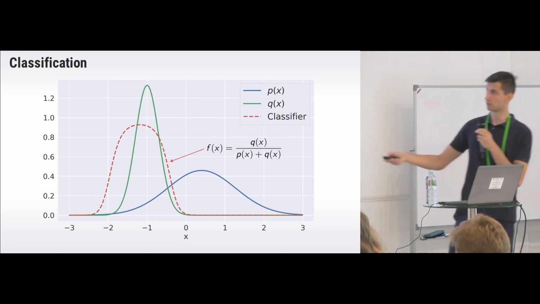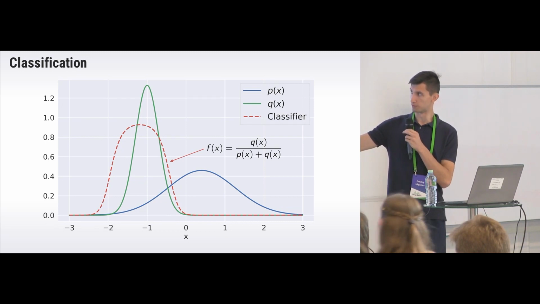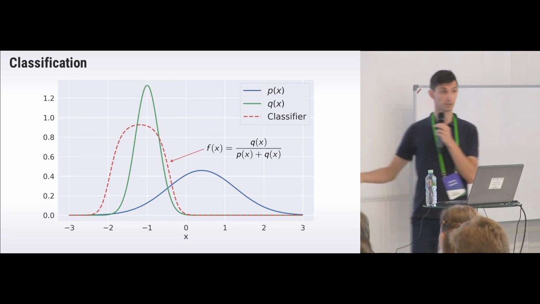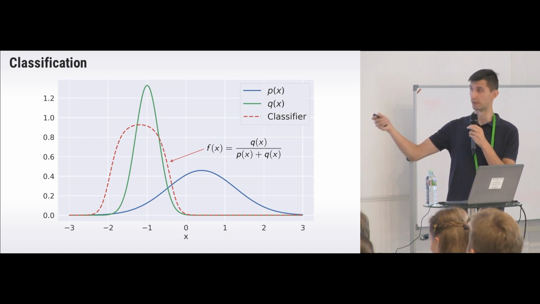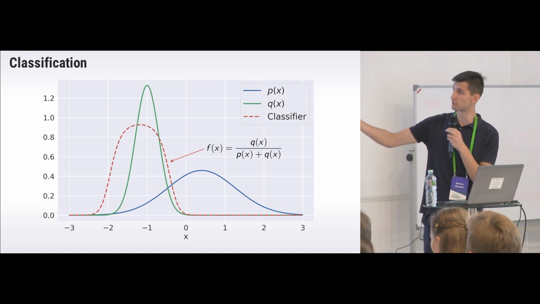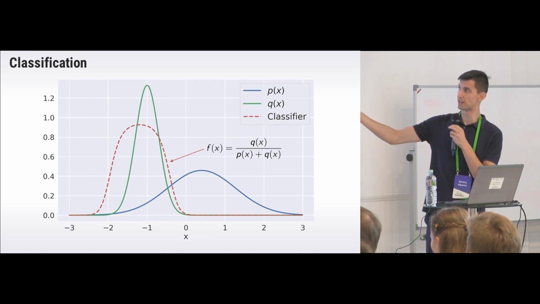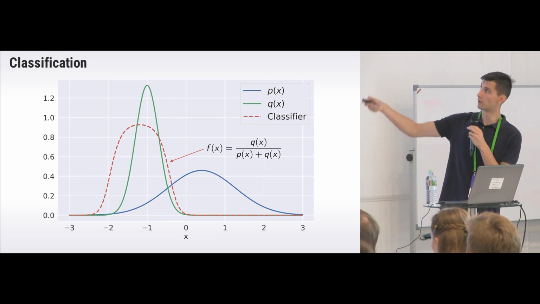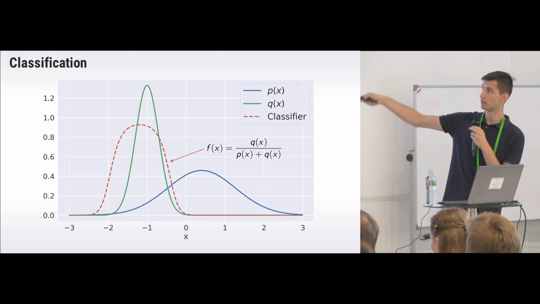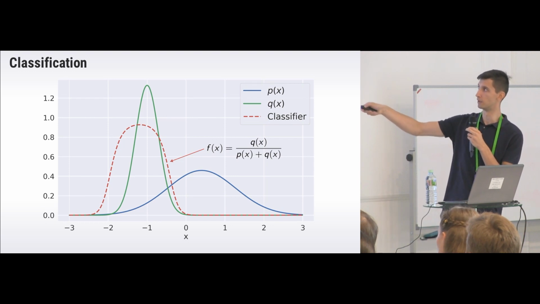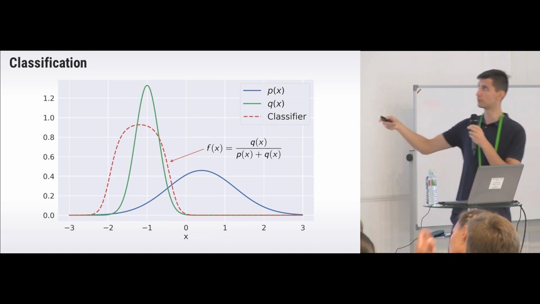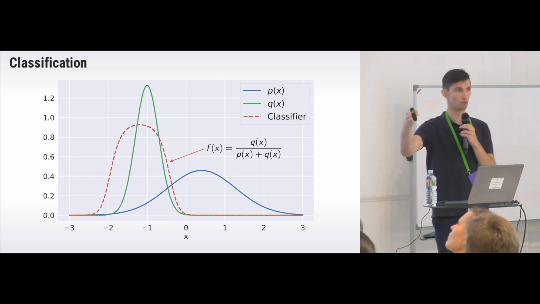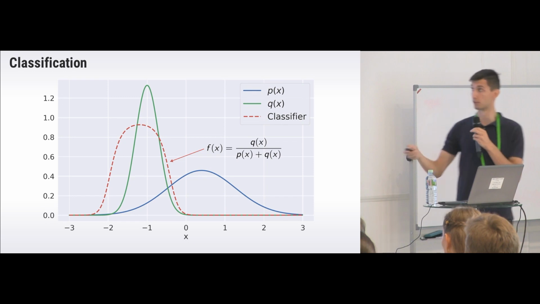If you plot the curve for this classifier for every x, it will look like that. Take this point where the density for P of x and Q of x is the same: the classifier gives us precisely 0.5. Where the green curve is above the blue curve, the classifier gives a value more than 0.5, since we assume the classifier gives the probability for class 1.